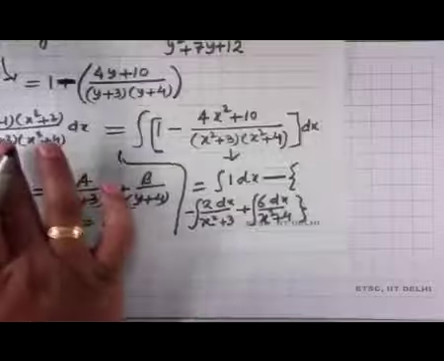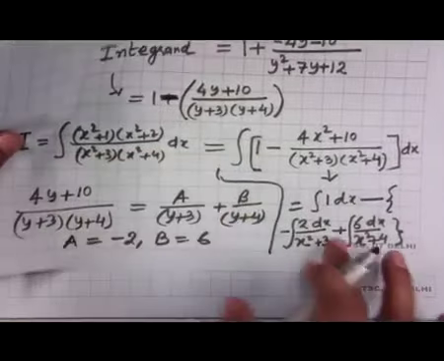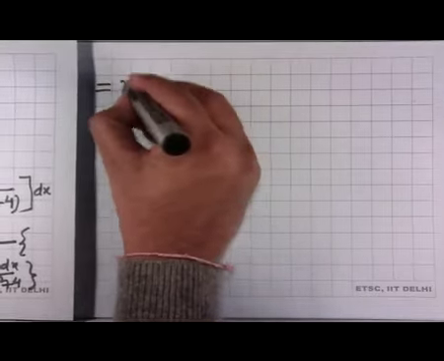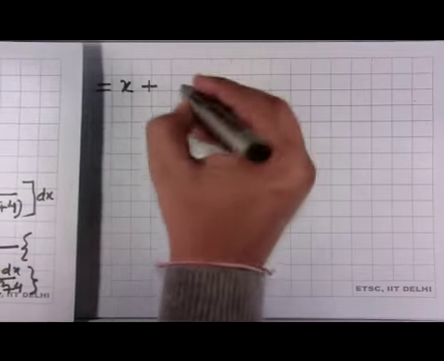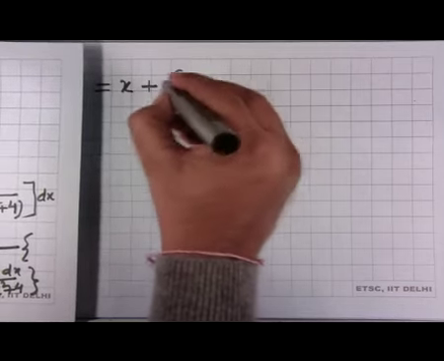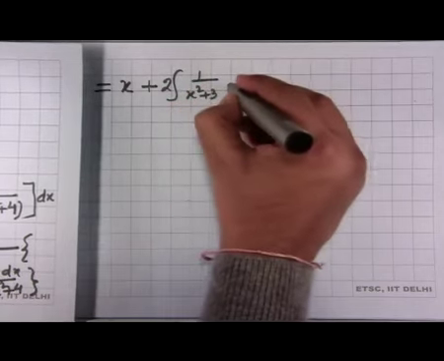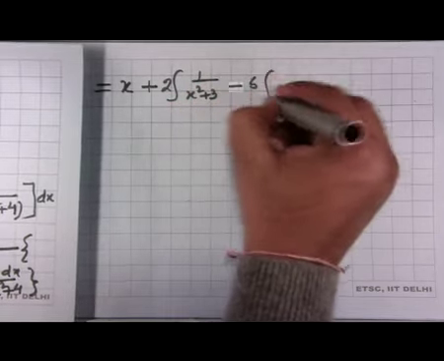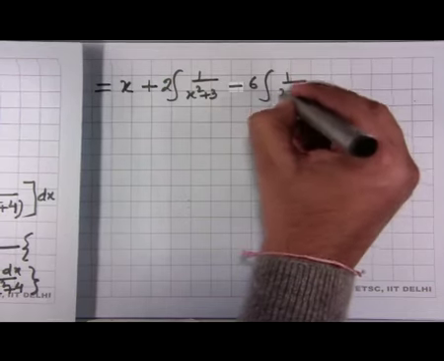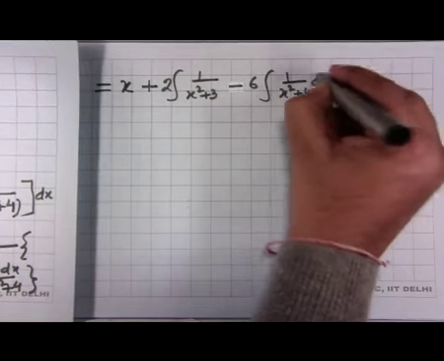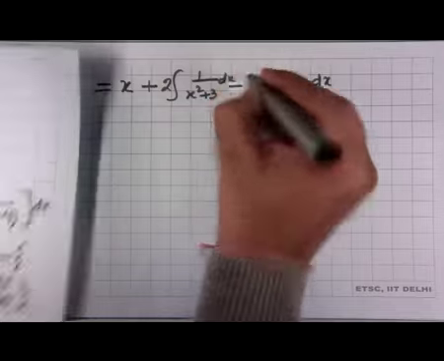So, ultimately the integral, which finally equals this integral, leads to, I will rewrite it, integral 1 dx, which is nothing but x, plus 2 times integral 1 over x square plus 3, minus 6 times integral 1 over x square plus 4 dx.